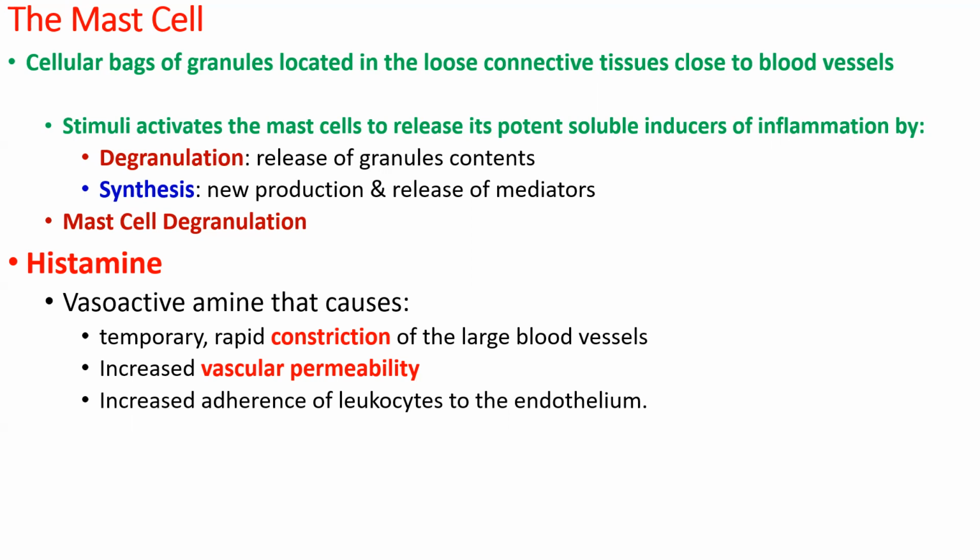So either the mast cell is going to synthesize new production and release of these chemical mediators, or through the degradation of the mast cells, it will release all this granule content in the area.